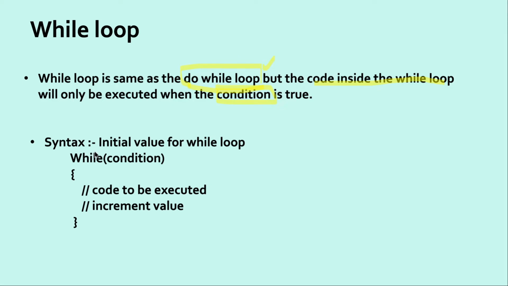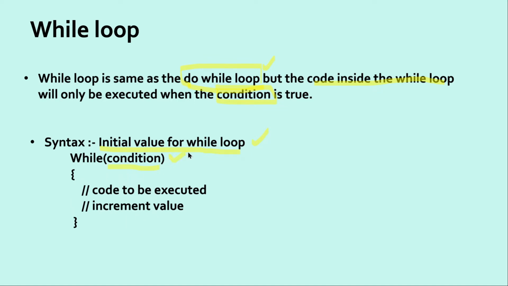Now let us see the syntax of the while loop. In a looping statement we have three important things. First one is the initial value that we will declare outside the loop. Second one is the condition, that is the important thing, because based on this condition this loop will be executed.